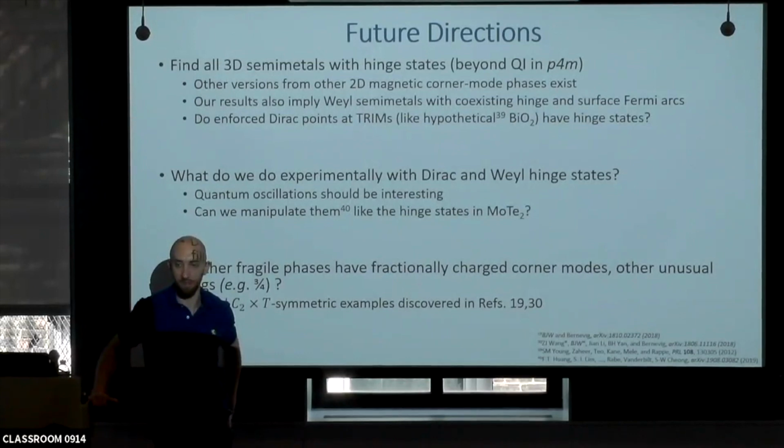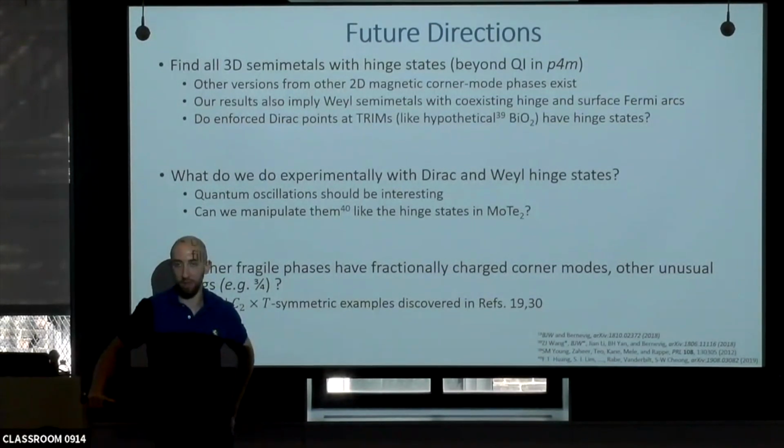I was just going to ask, what would happen if you break the C4 symmetry? There's no reason why the hinge modes would disappear. So if I break C4 symmetry, depending on the details of the phase, I'm going to open a gap, and then it's going to be some kind of TI, TCI, or nothing, basically, because the hinge modes are flat band.